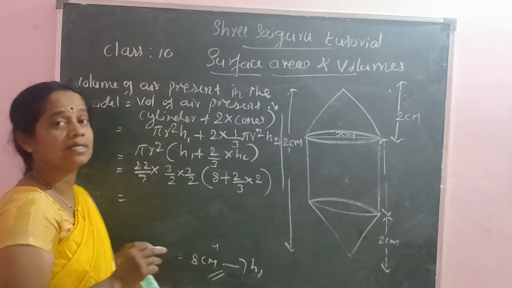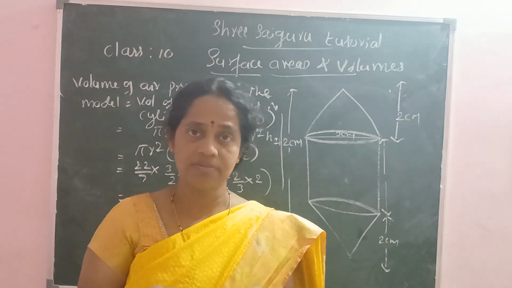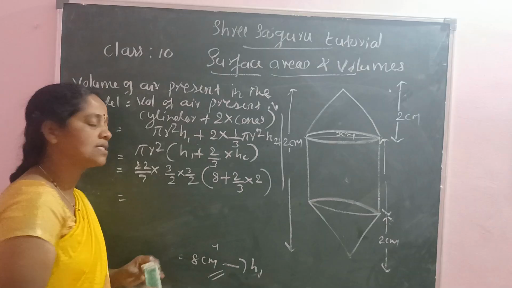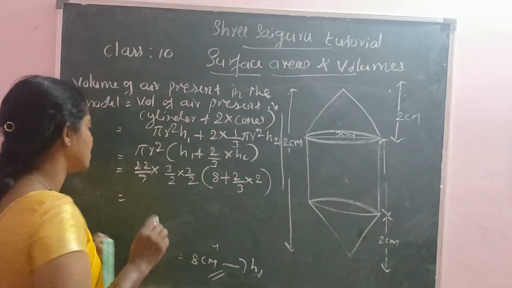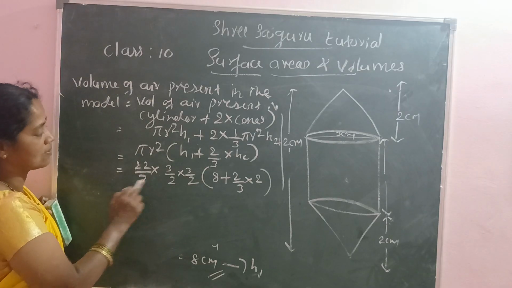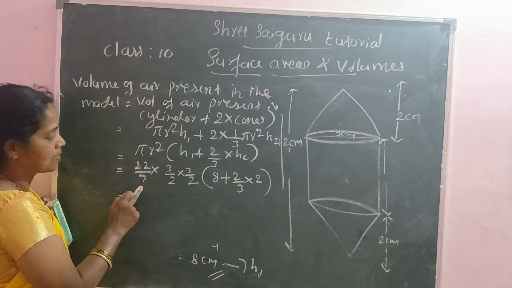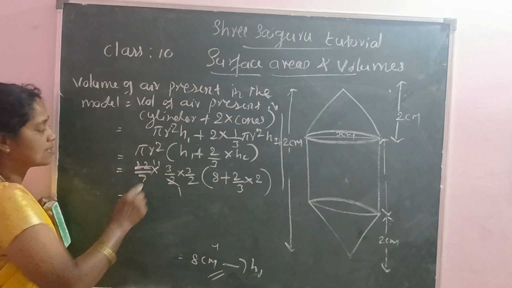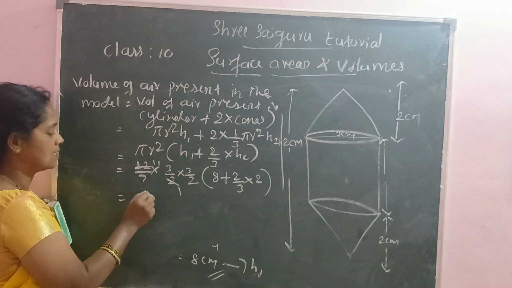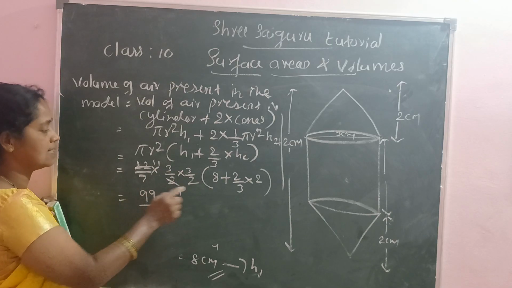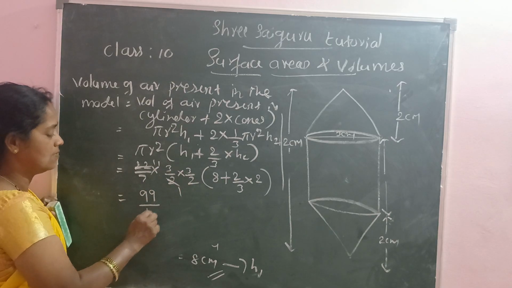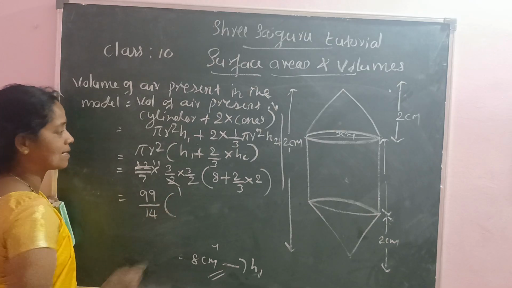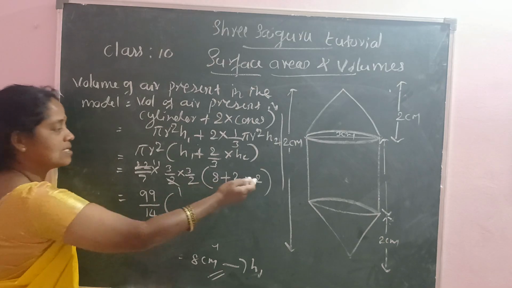Dear students, whenever you are substituting everything in the formula, be careful, and simplification is also very important. Do it properly. Then we can simplify these fractions: 2 ones are 2, 11 ones are 11. Then 11 into 3 into 3 is 99, and in the denominator 7 2s are 14, 14 into 2 is 28... 99 divided by 40.